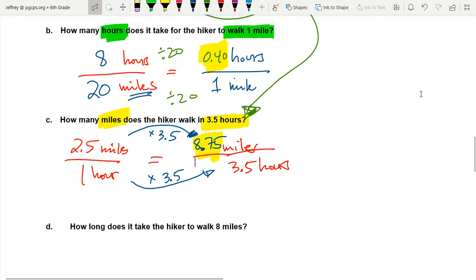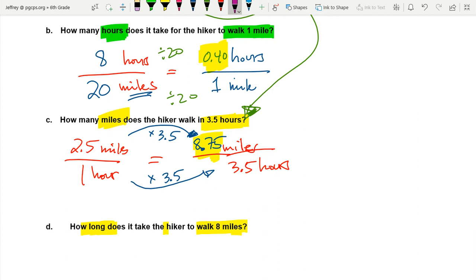Now, problem letter D. How long does it take the hiker to walk 8 miles? So how long is the time first, then the distance next.